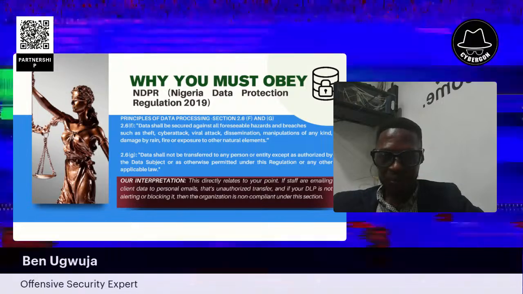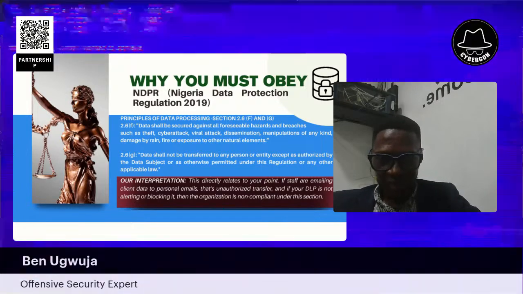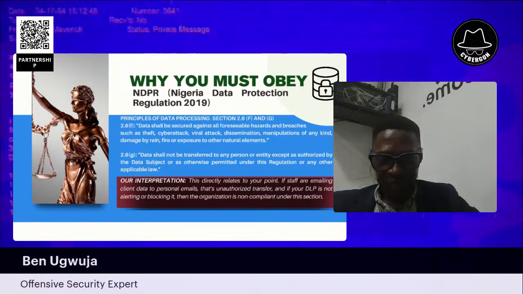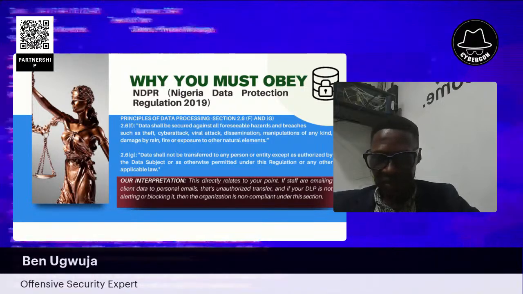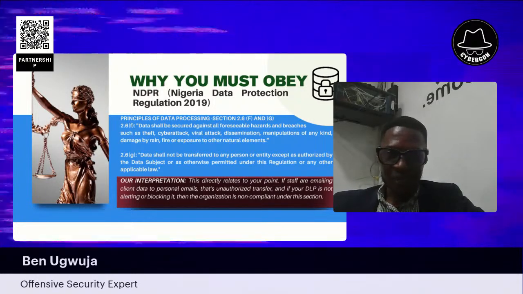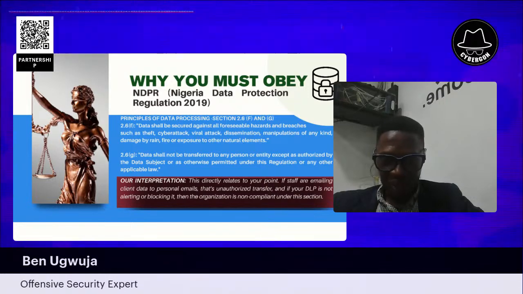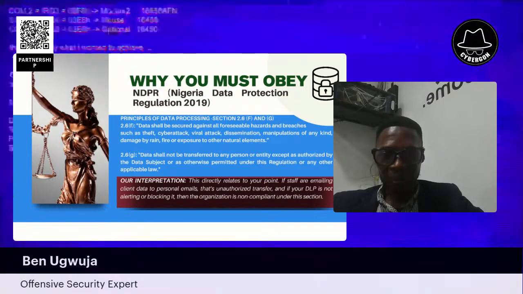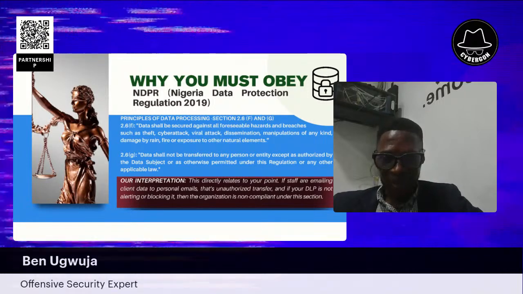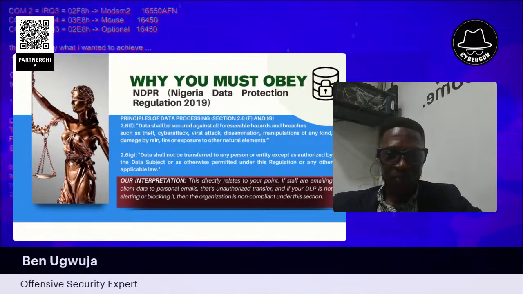Now you can look at our interpretation down here that says, so if a staff emails sensitive data, and that email was not authorized, and your DLP solution was not able to detect the data, it means your organization is not compliant under this section.